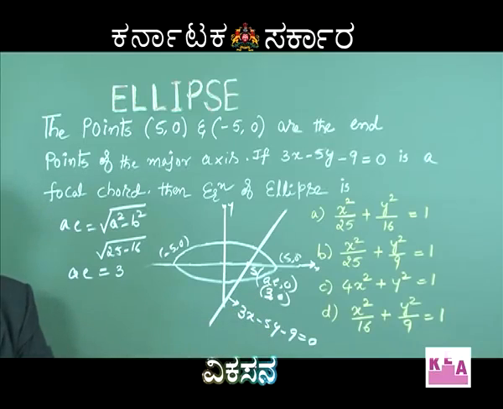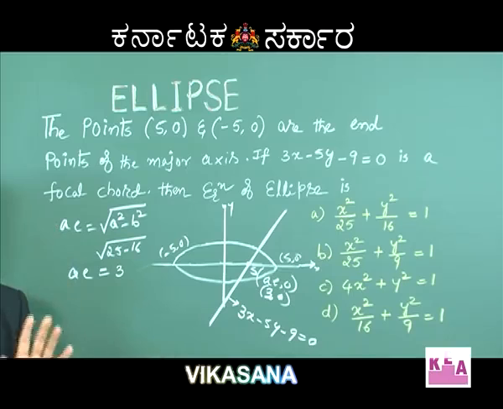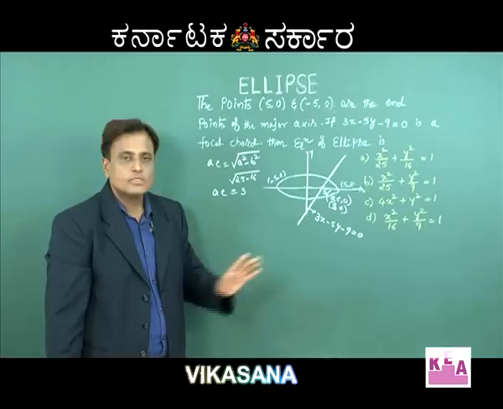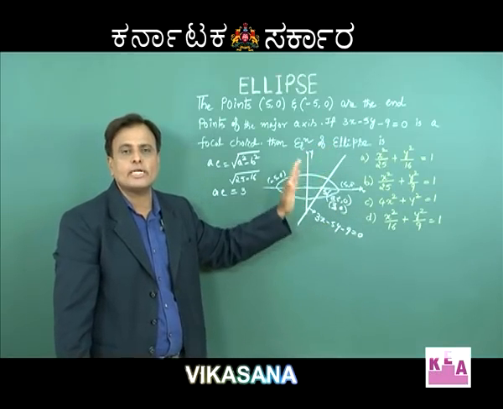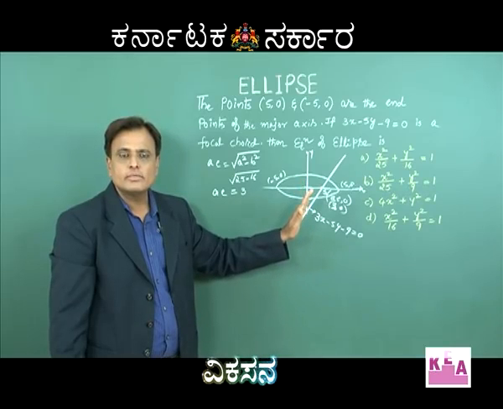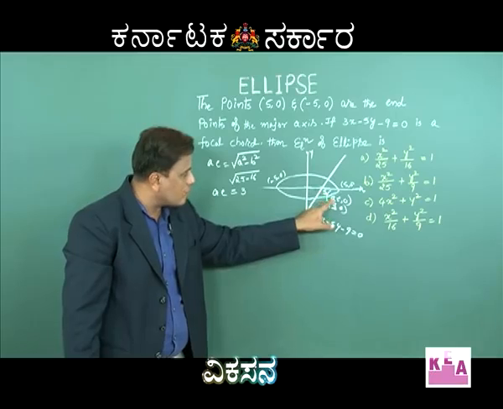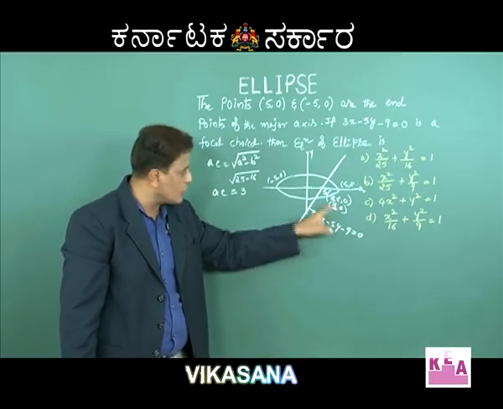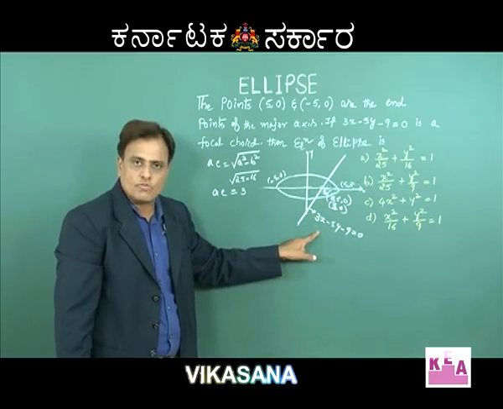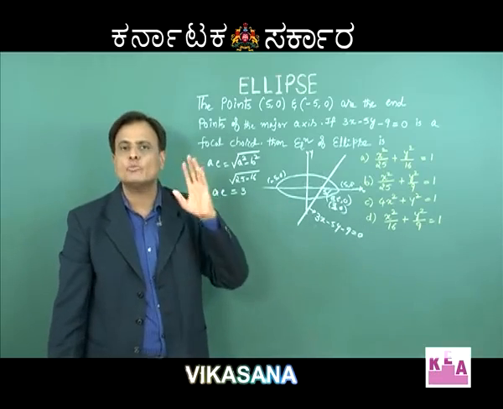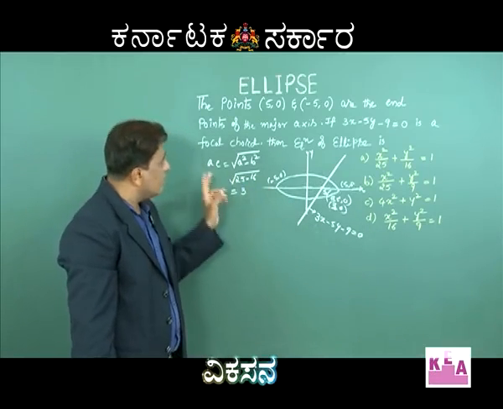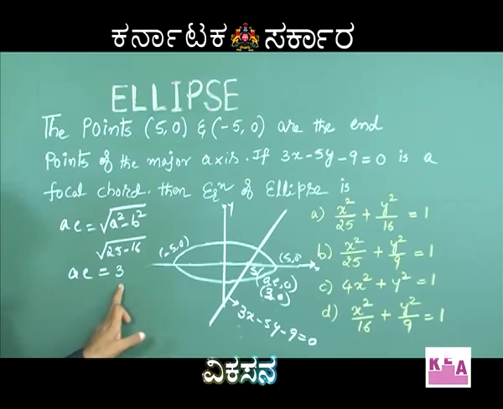But always remember one thing: the value of ae is equal to the square root of a² - b². So in each and every option we will calculate the square root of a² - b², that is the ae value, and after that you get the coordinates of S, and you substitute in this. If it satisfies, that option will be the right option. So from option A we got the ae value 3.